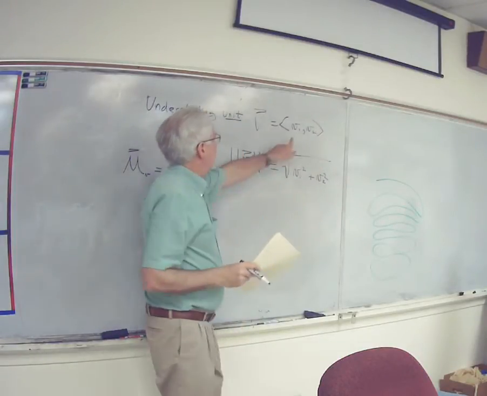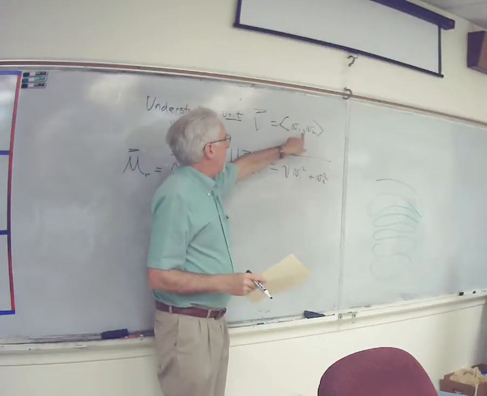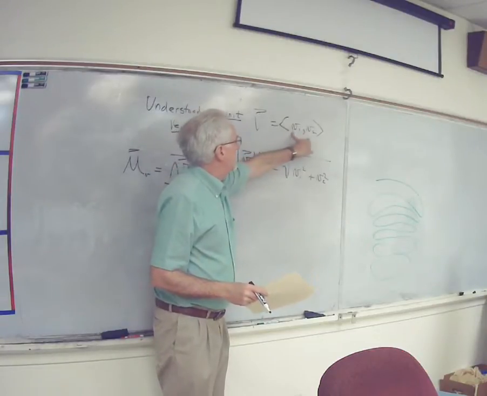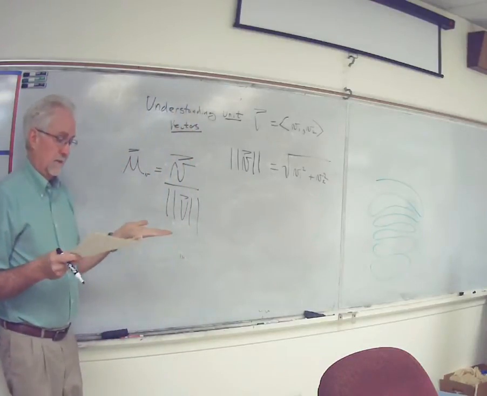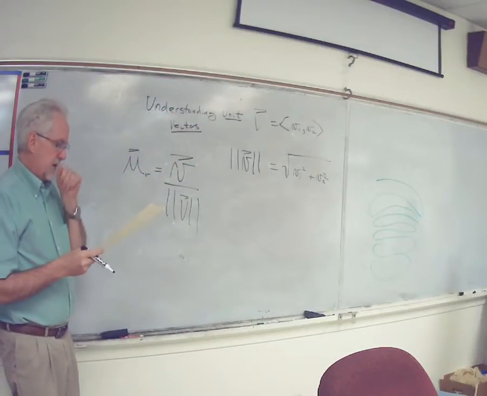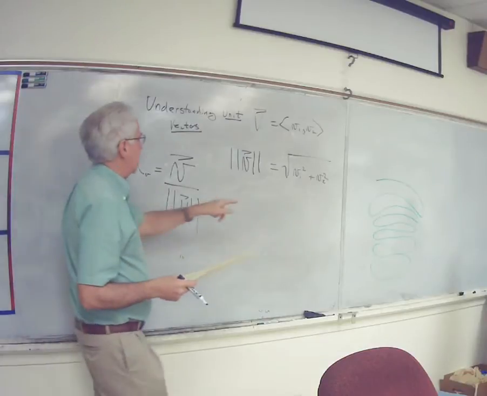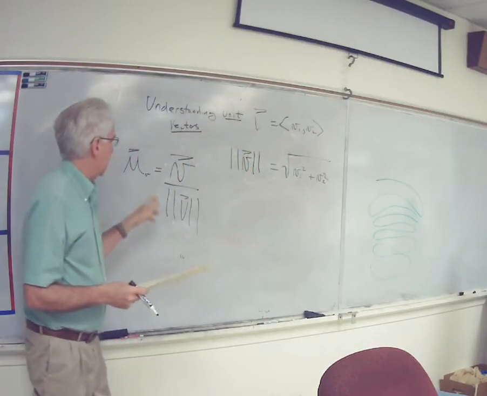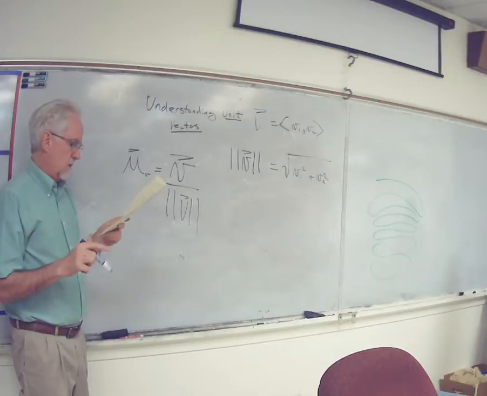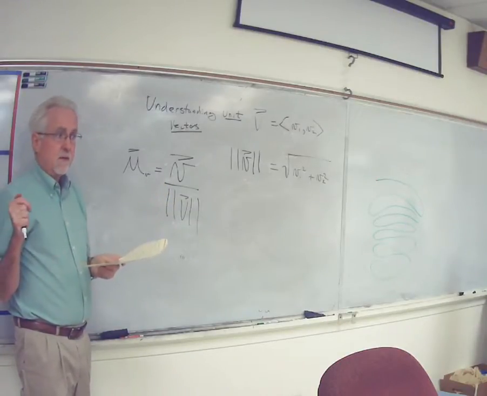So v1 and v2 are numbers, but when we put them together with brackets around them, we get a vector. Does that make sense? So you take the square root of the sum of the squares and you end up with a magnitude. So that's how you get to a unit vector. Does that make sense? Yes.